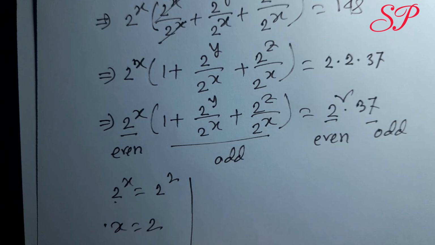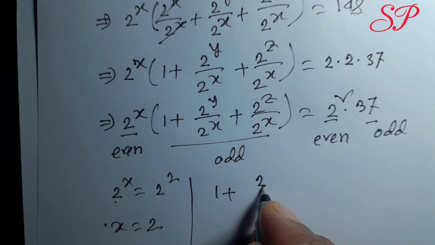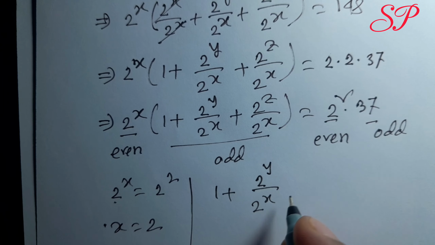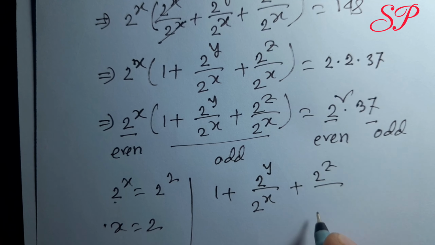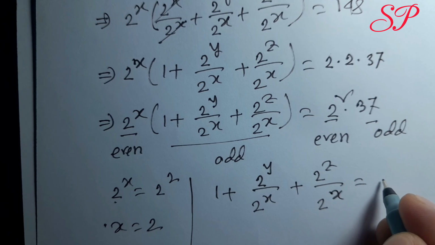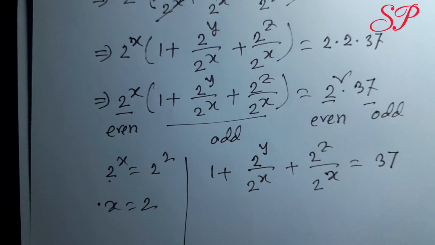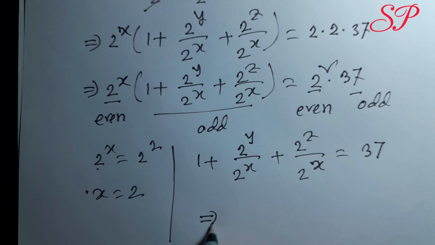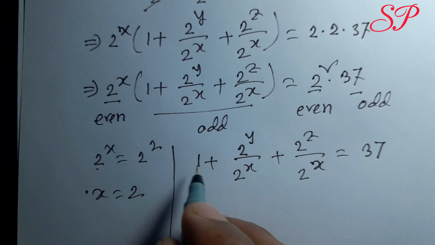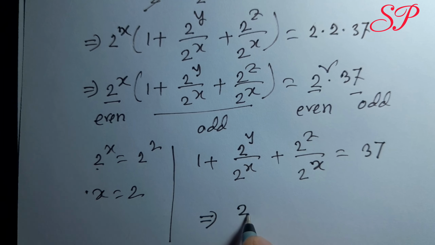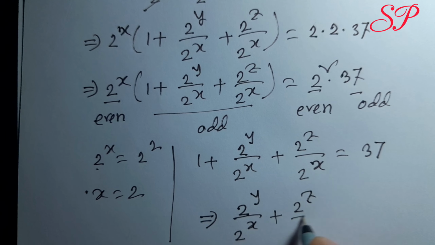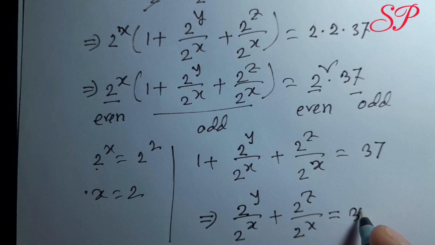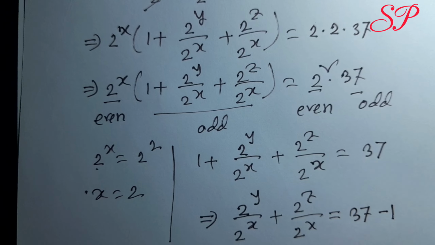2, and 1 + 2^y by 2^x + 2^z by 2^x is equal to 37. Okay, then we can transfer 1 from the left side to the right side. 2^y by 2^x plus 2^z by 2^x is equal to 37 minus 1.